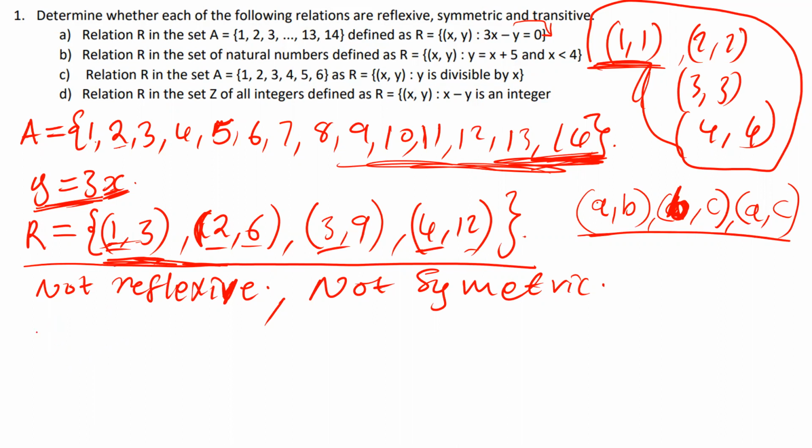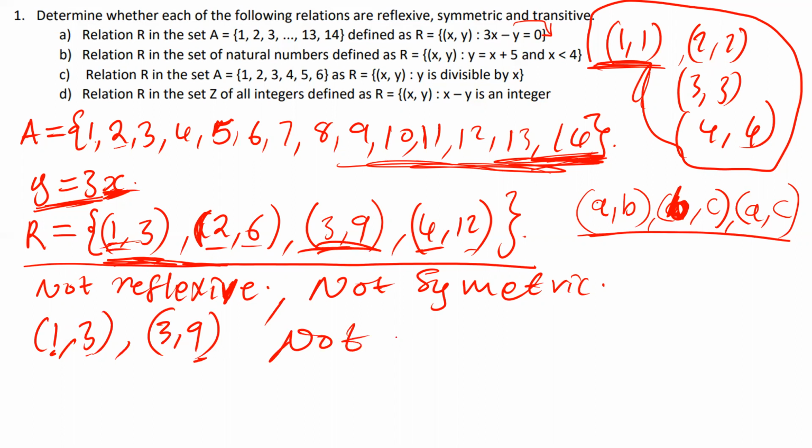We have (1, 3), and then for this 3, what happens if we replace it into X? We get (3, 9). So we have (3, 9). Now, do we have another solution where we put the input 1 and get the output 9? If we don't have it, then the relation is not transitive.